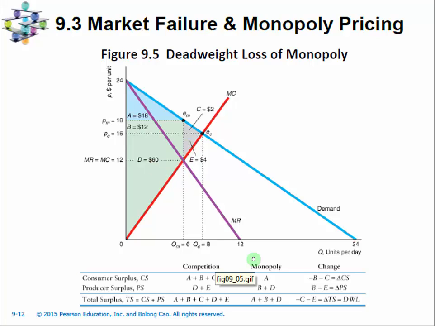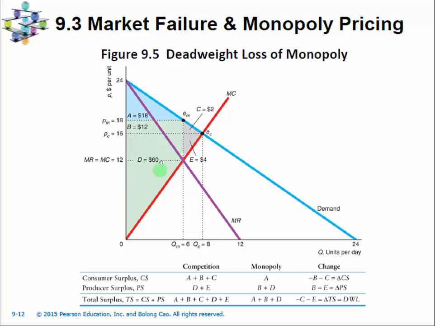However, this is a picture for the monopoly, and the monopoly decides to set the output quantity at 6 and charge $18, and that maximizes the monopolist's profit. Now, because the price is higher, the consumer surplus is only left with A. Producer surplus added this B area, transferred from the consumer surplus.